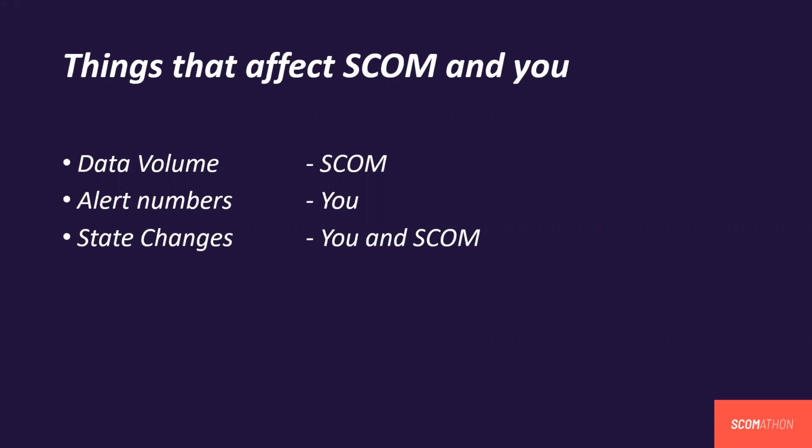But also you will be affected, especially if you're looking at state views, or if you have third-party dashboarding tooling, such as, for instance, from Squared Up or Live Maps. So these will be very visible, especially if you're having them on a wall somewhere. And so this will affect you and SCOM as well.